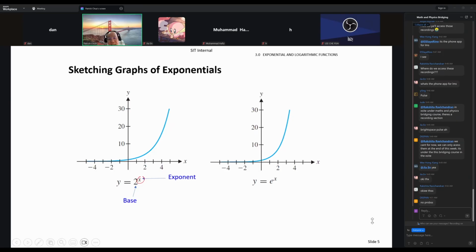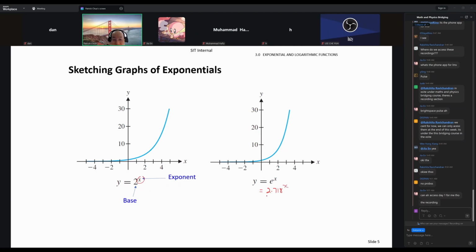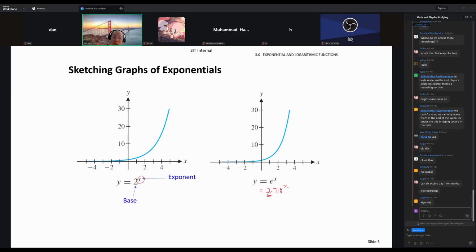Quite similar, but not exactly the same, simply because e is very close to 2. It's 2.718 to the power of x, so it's close to the one on the left. They look the same, rising up exponentially, but of course not exactly the same curve.